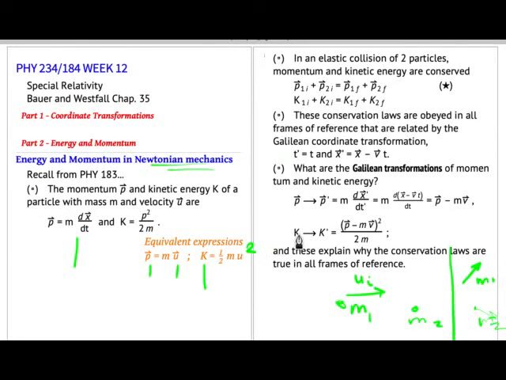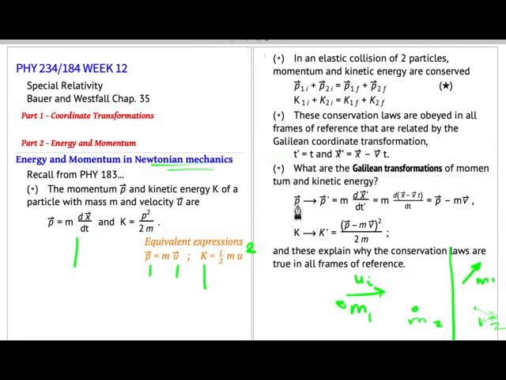And similarly, K transformed to K prime will just be p prime squared over 2m. p prime is p minus mv, so (p minus mv) squared over 2m. These two transformation rules for momentum and kinetic energy explain why the conservation laws are true in all frames of reference.